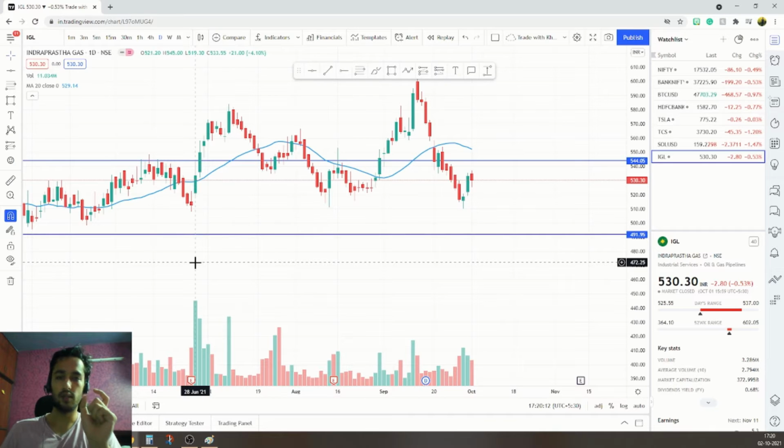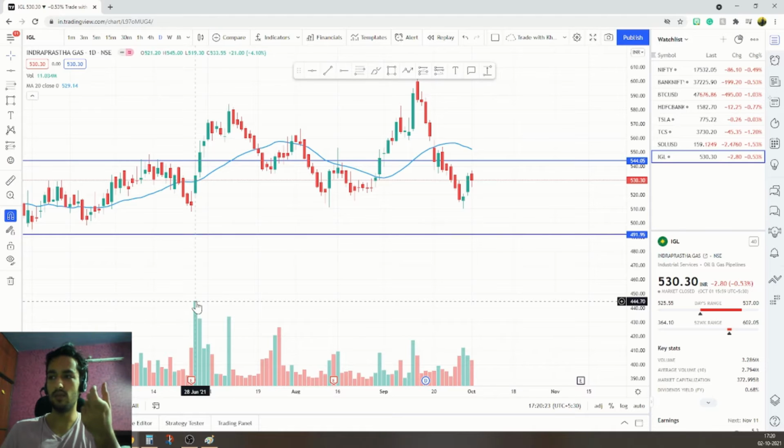So one thing you should understand about a volume chart is that green does not mean that these many shares were bought. Green means that the overall price had increased.